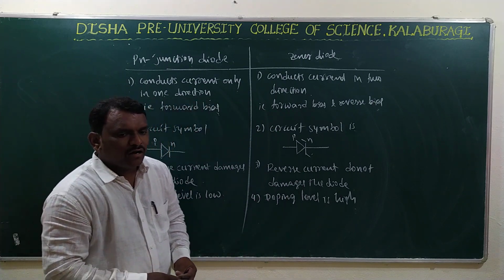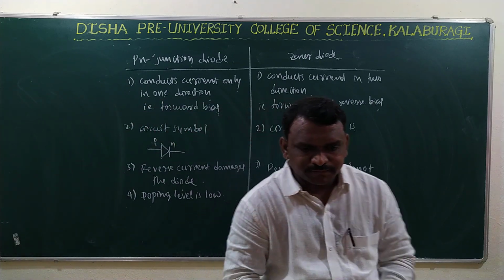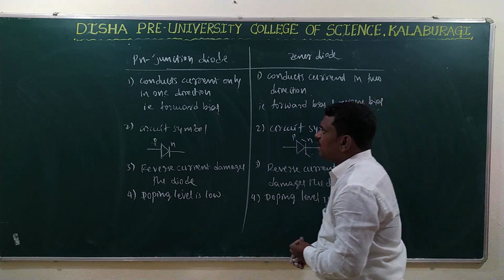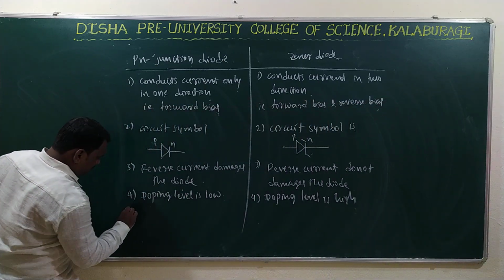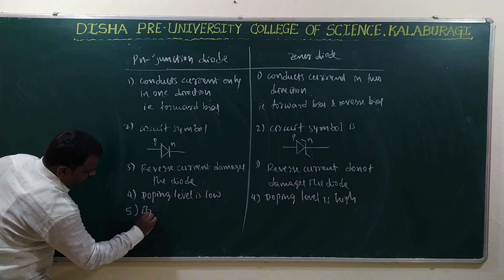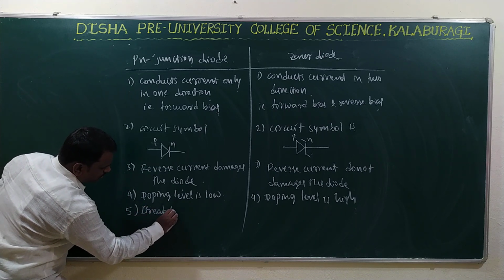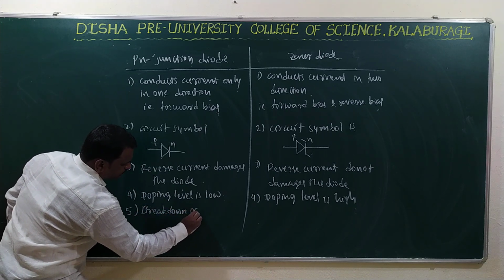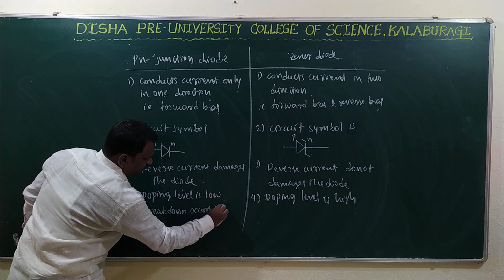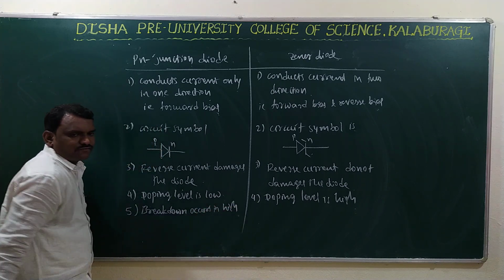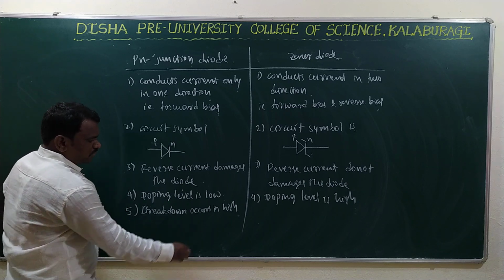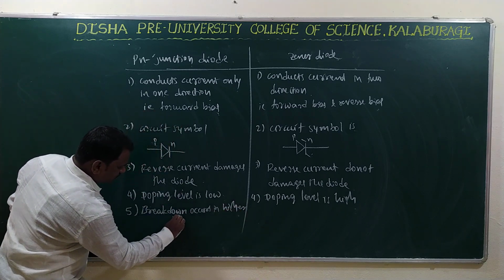Okay, next, breakdown occurs at a higher voltage, right? In a PN junction diode, the breakdown occurs at a higher voltage.